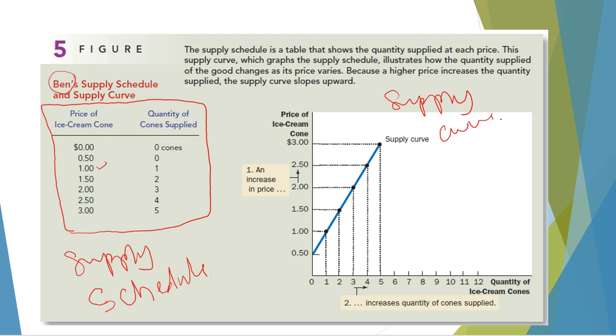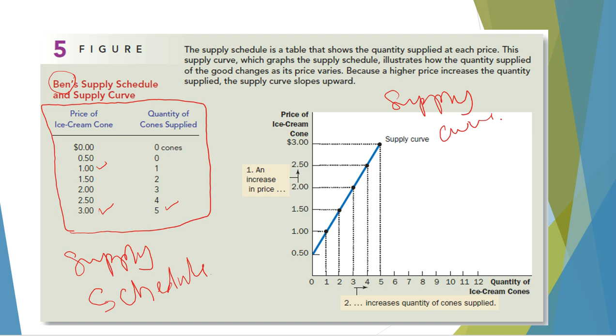Jadi dia tak dapat nak supply barang tersebut pada harga 50 sen. Pada harga RM1, dia hanya dapat supply satu sahaja sebab mungkin kos dia untuk produce pun tak memberikan sebarang pelanggan kan. Tapi pada harga RM3 macam ni, dia dapat produce 5 unit.